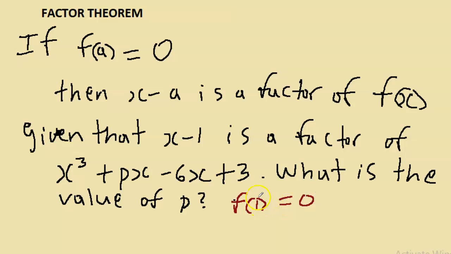So f of 1 is equal to 0. Alright, so 1 cubed, which is 1, plus px, so x is 1, so 1p, minus 6 times 1, plus 3 is equal to 0.